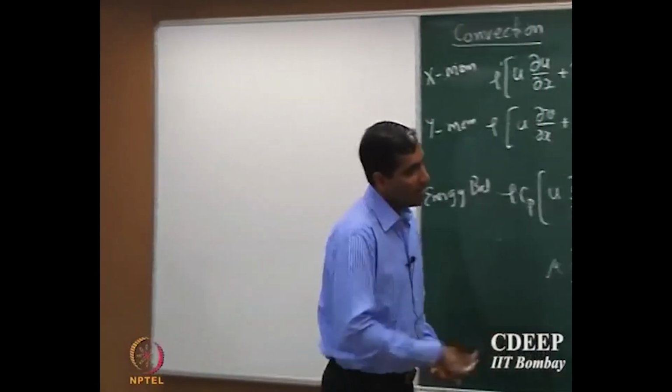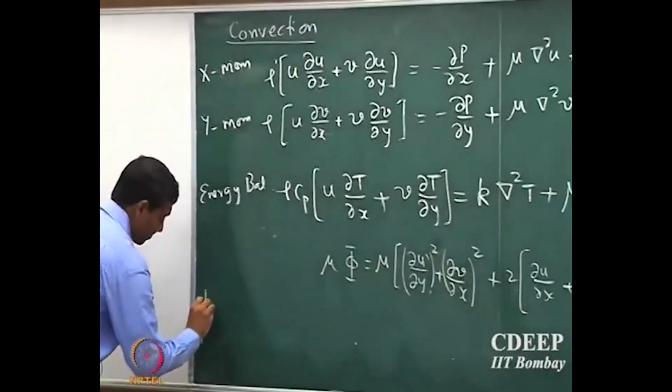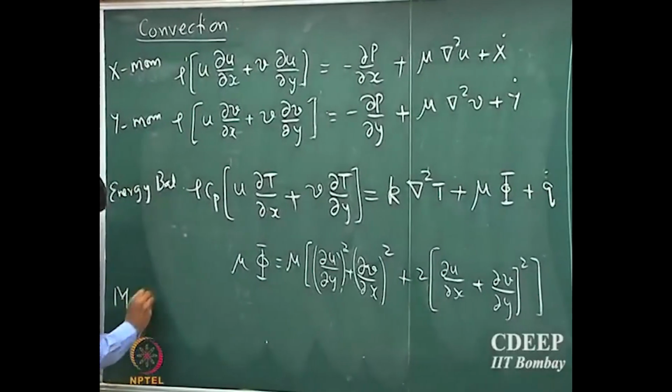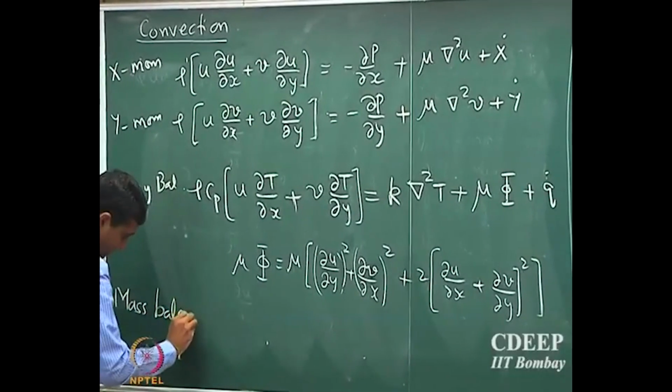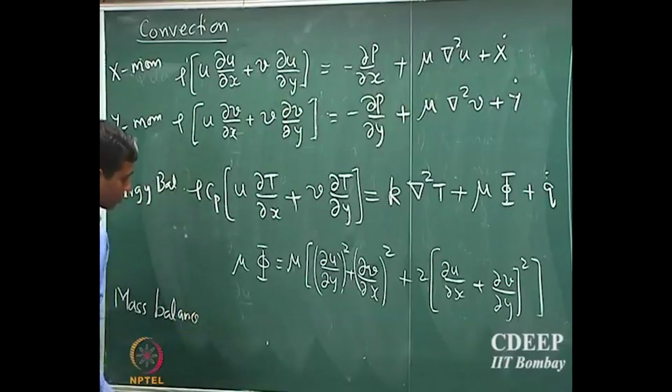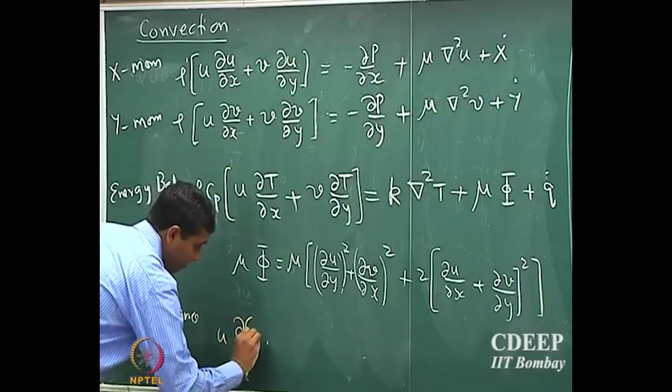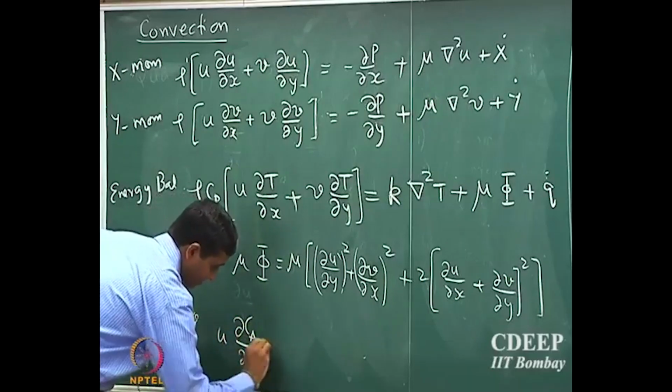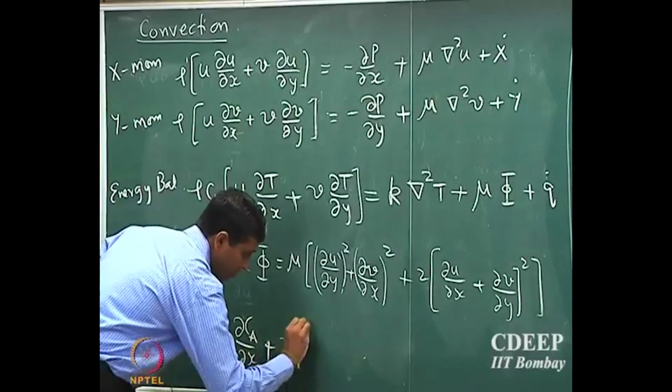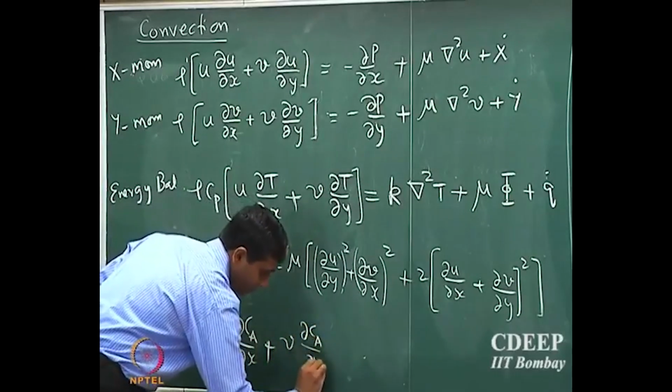Okay. So similarly we can write mass balance. What's the equivalent convective term for mass balance? U into dCA by dx plus V into dCA by dy. Okay.